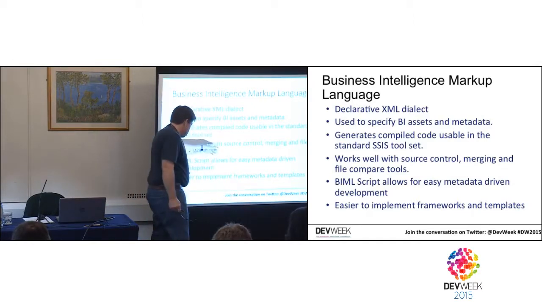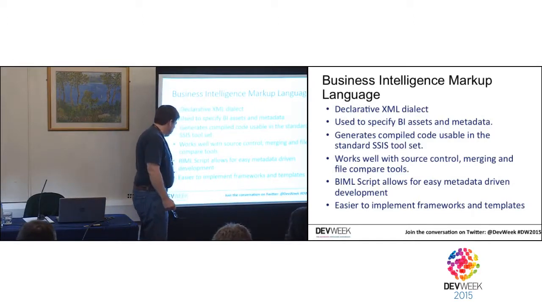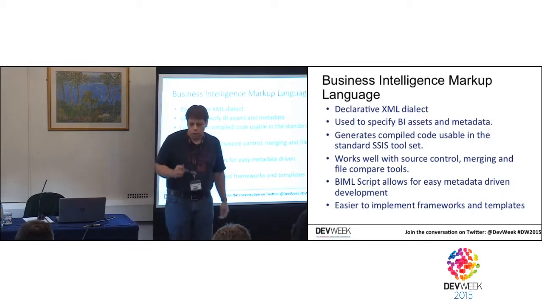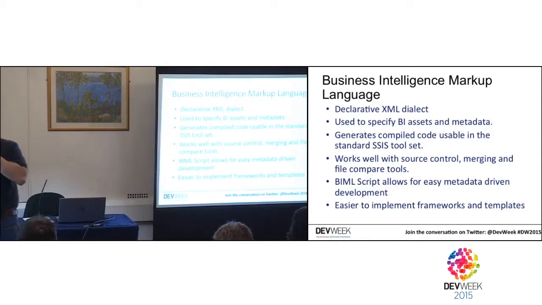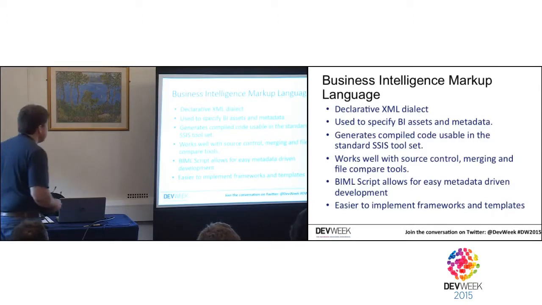It works well with source control, merging, and file compare tools, because inside here there is no manipulation of the visual interface. In other words, there's nothing that says, okay, we're going to position this over here, and then it has to update that kind of thing. It's all generated with the XML dialect.